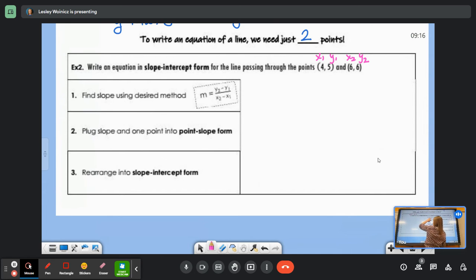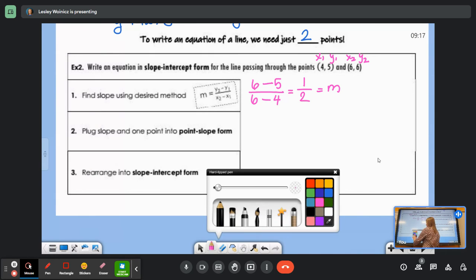Plug into the slope formula. Y sub 2 is 6 minus y sub 1 is 5. For my x's, my x sub 2 is also 6 and my x sub 1 is 4. So 6 minus 5 is 1. 6 minus 4 is 2. So my m is 1/2.